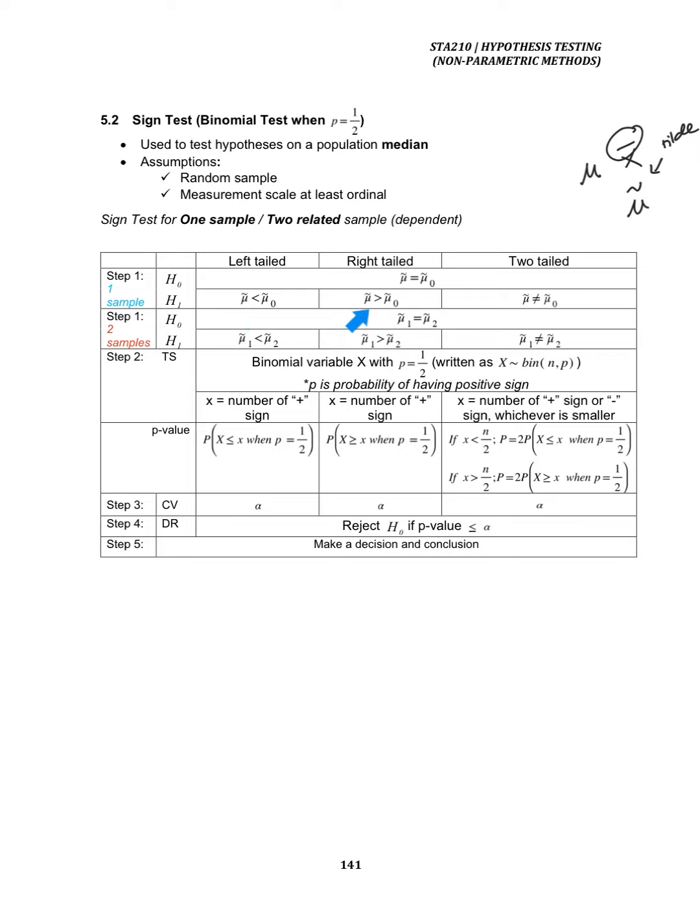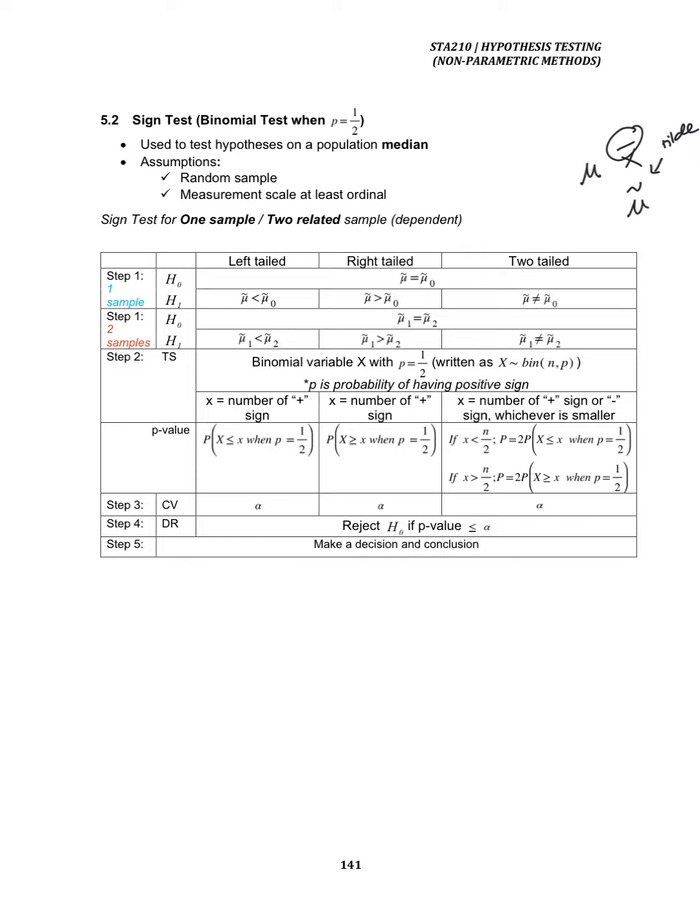For the right tail, median greater than median not, a certain value, depends on the question. And then for the two tail, median not equal to median not. This one is where we have two samples, but we do not cover it in this topic. We just focus only on one sample.